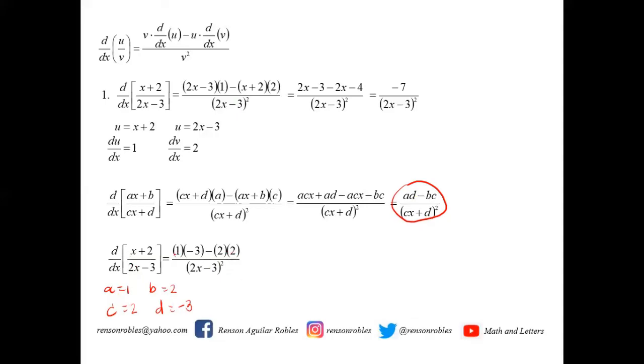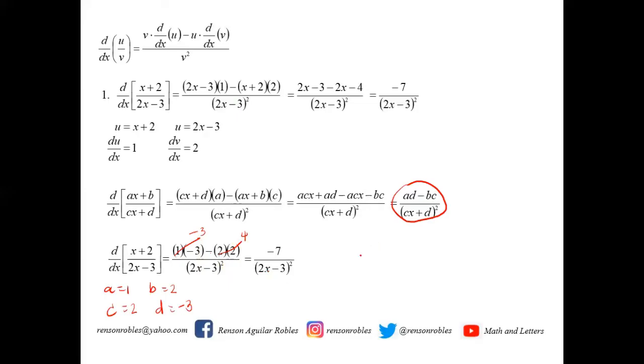And then this is negative 3, and this one is 4. So negative 3 minus 4 is negative 7. And then you just copy the denominator 2x minus 3, then raise it to the second power. So that's negative 7 all over 2x minus 3 squared.